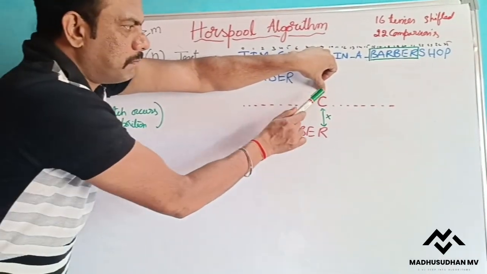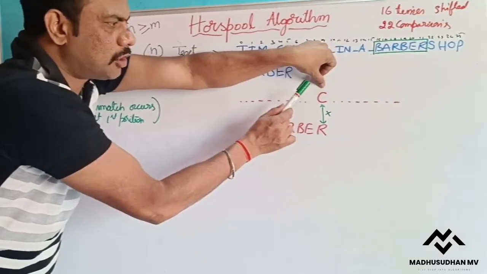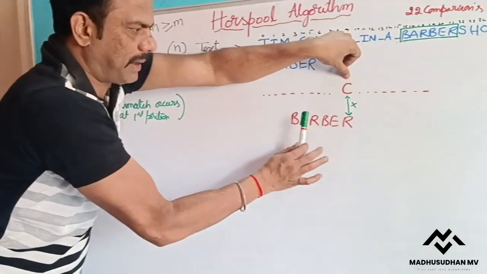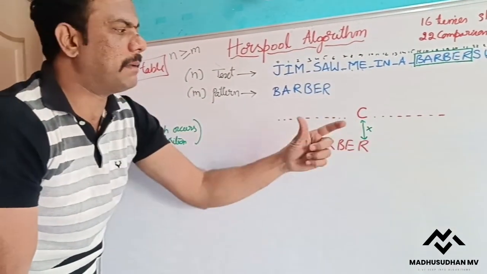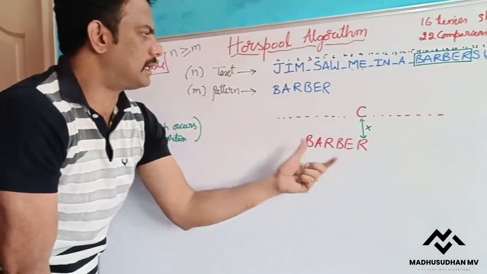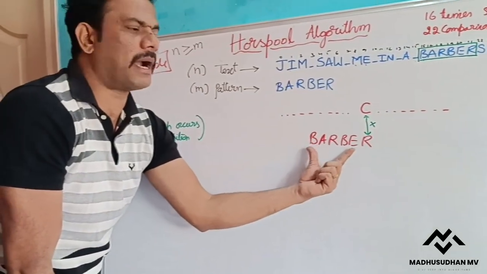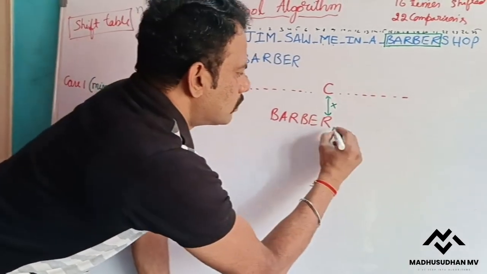No. If the mismatch character of the text is not present in the remaining characters of the pattern, then shift the pattern towards its right by the pattern length M. Here, what is the pattern length? 6. That means shift the pattern towards its right by 6.